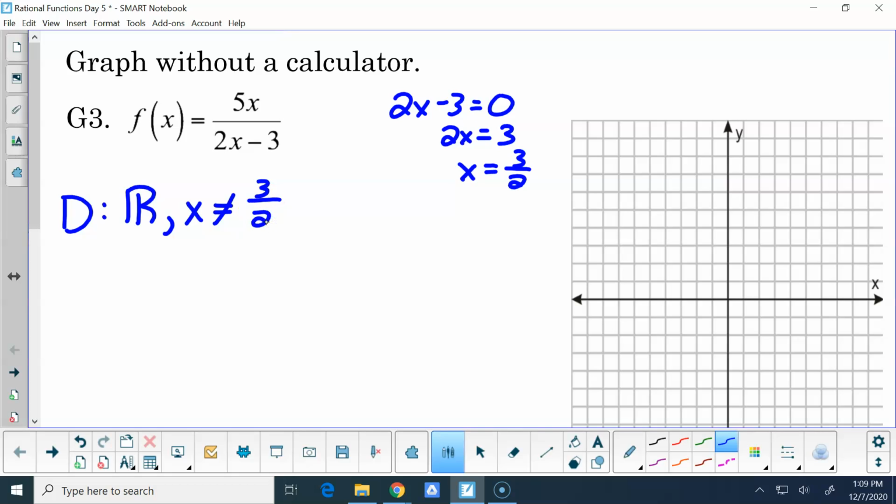So all real numbers, but x cannot be 3/2. What is the vertical asymptote then, because I have restrictions? Vertical asymptotes, anyone? x equals 3/2. Hold on. Combine those two.